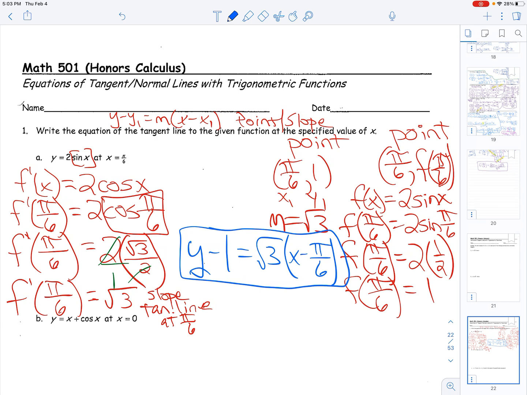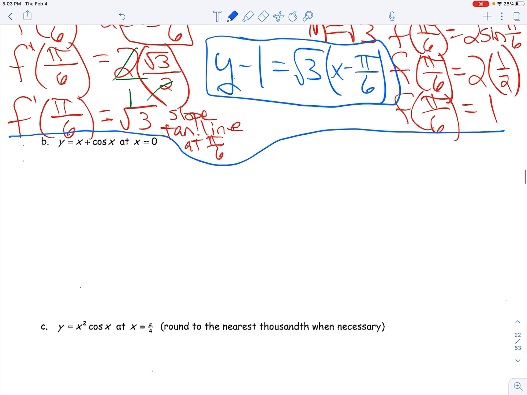We'll take a look at number 2. All right, take a look at number 2 here. x plus cosine of x. Get the derivative.